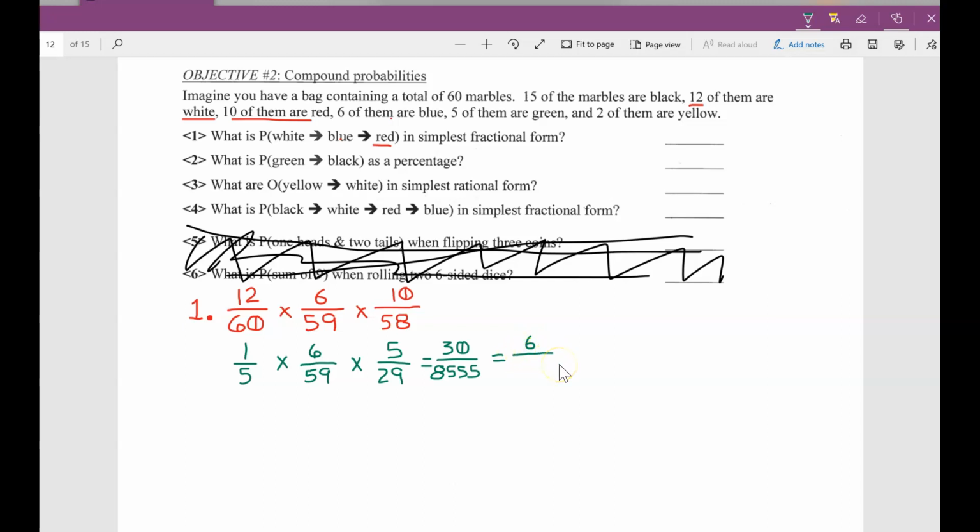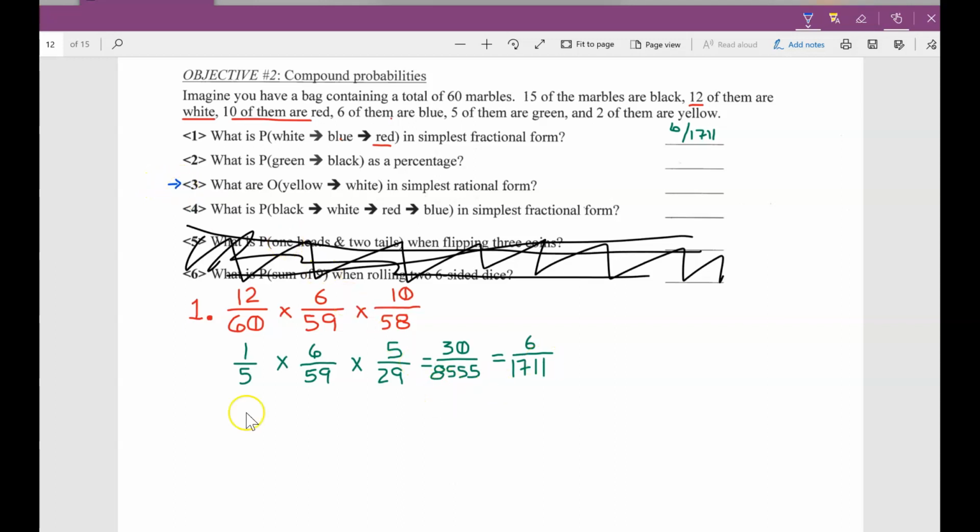And 8,555 divided by 5 is going to give us 1,711. So the probability of getting the exact sequence white, blue, red without replacement, without putting the marbles back in the bucket, is 6 out of 1,711.